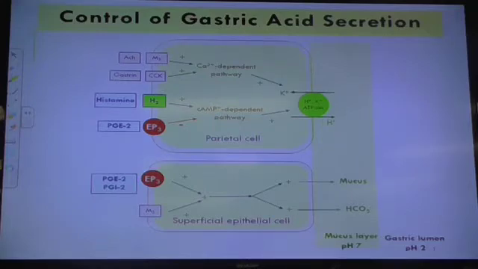And the other agent is going to neutralize the pH of the gastric acid.